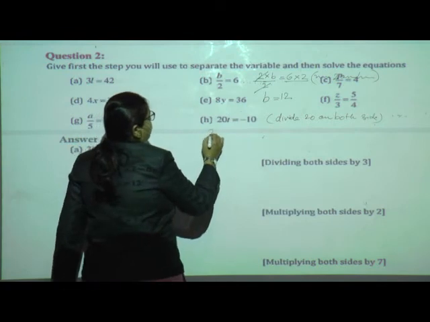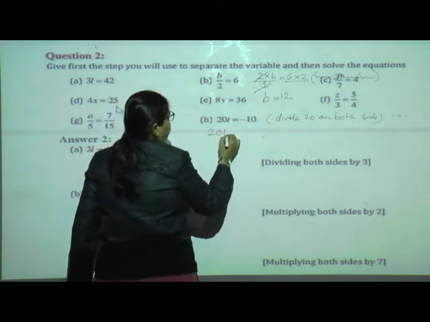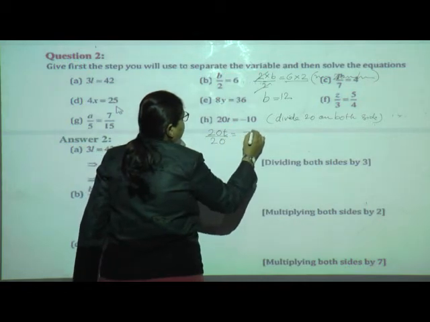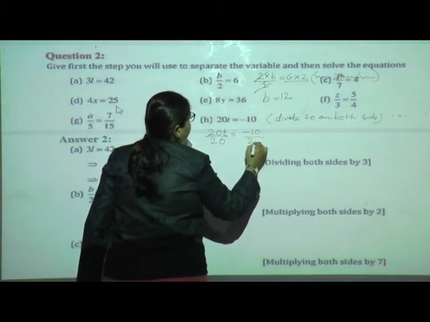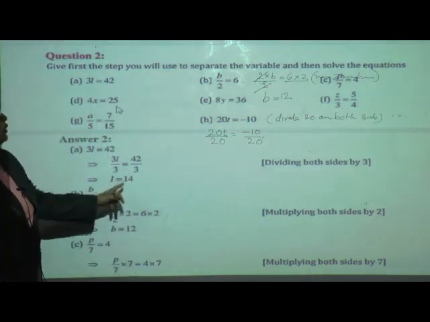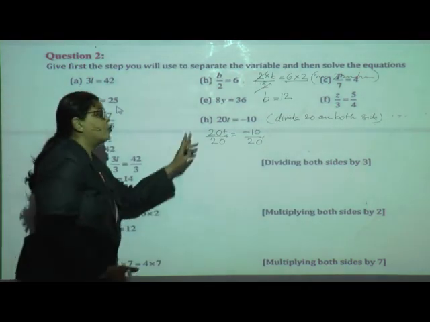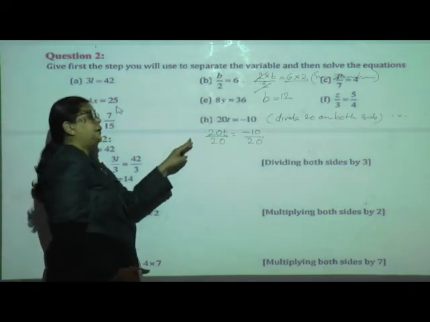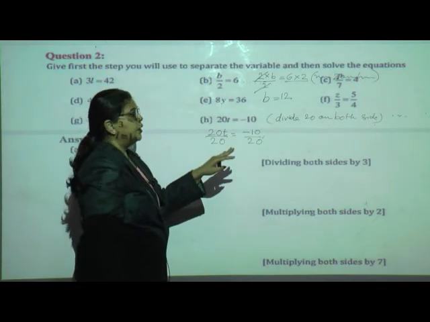So what we'll do? We'll write 20t upon 20 is equal to minus 10 upon 20. We don't know what will be the next step, but we know the steps how to solve step by step when we are having a multiplication or we are having division form.